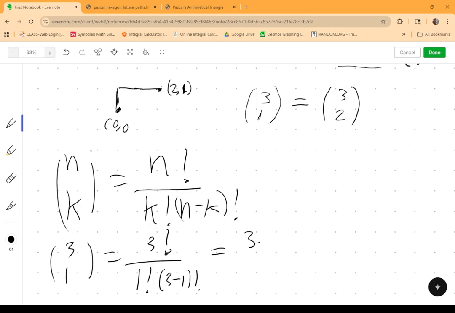We would get 3 times 2 factorial over 1 factorial times 2 factorial. You can see we could simplify that, and 1 factorial is 1, so we get 3. So that's algebraically how you would simplify those values. Or you could just draw out the triangle and have it handy there.